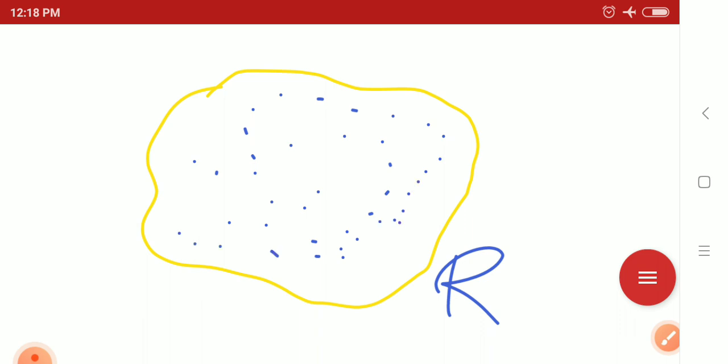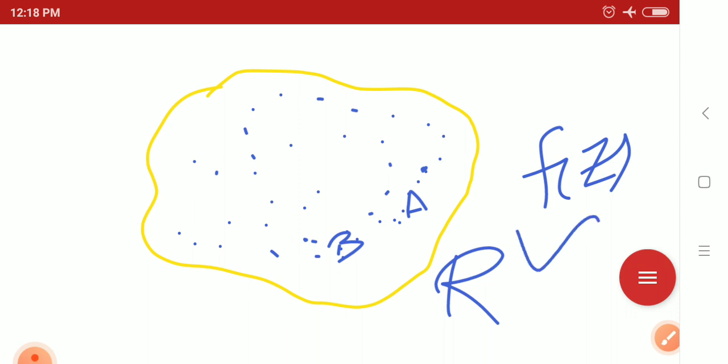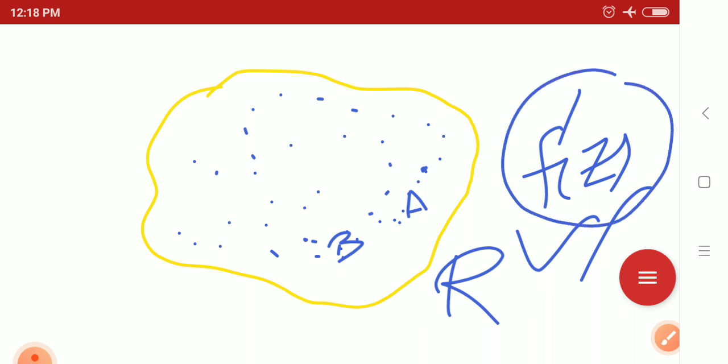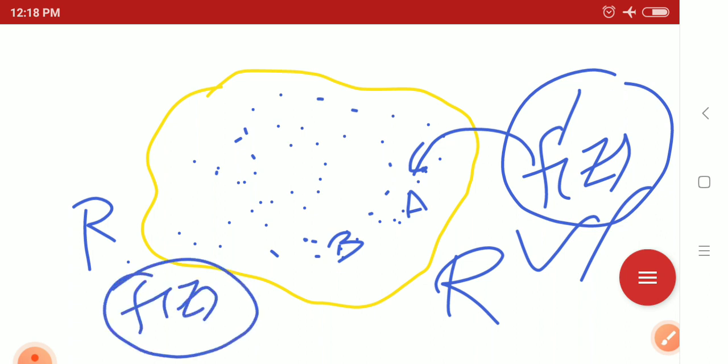Let us take a point, suppose here it is point A, here it is point B. There are so many points in this region R. Now when will we say that f of z is analytic? When the derivative of f of z exists at all points in the region R, then f of z will be known as an analytic function in this region R.